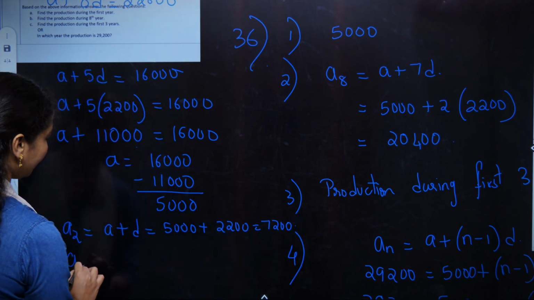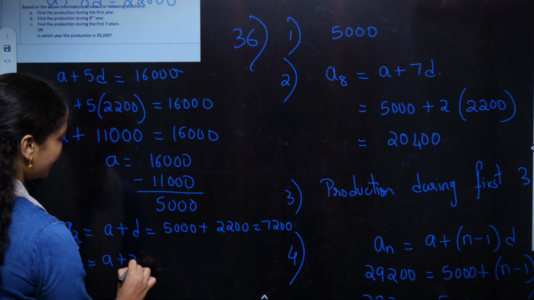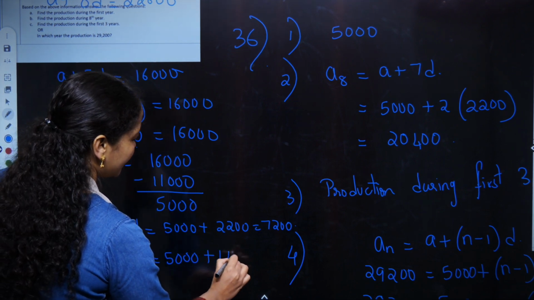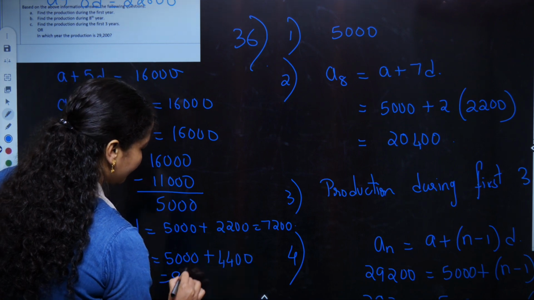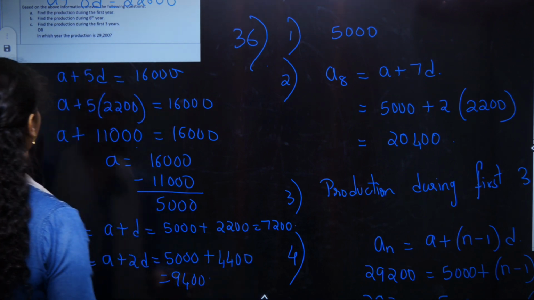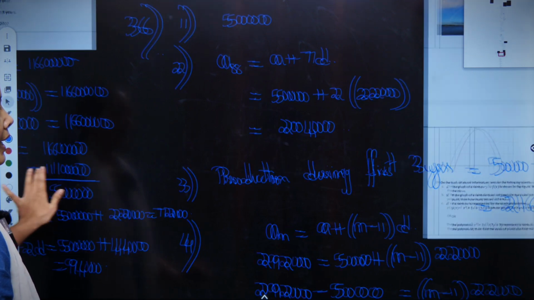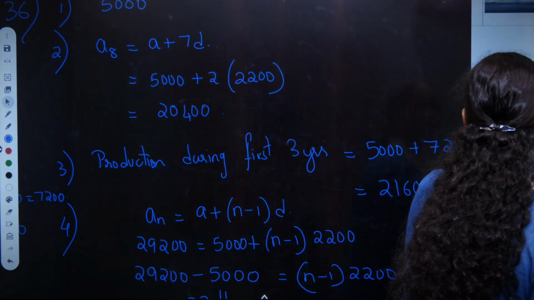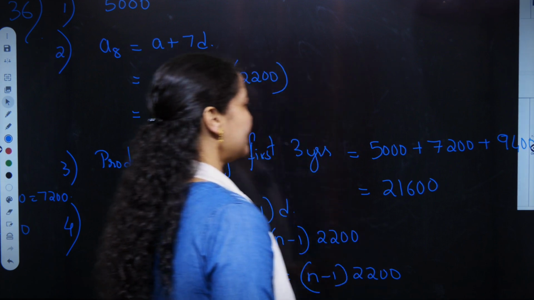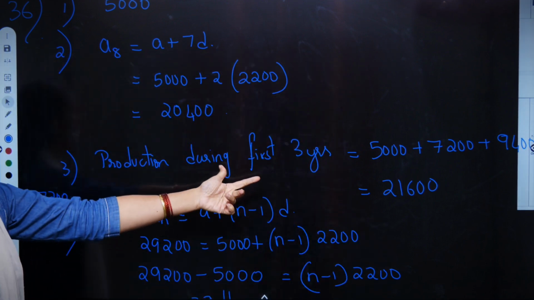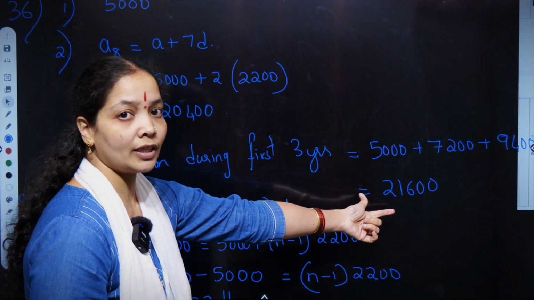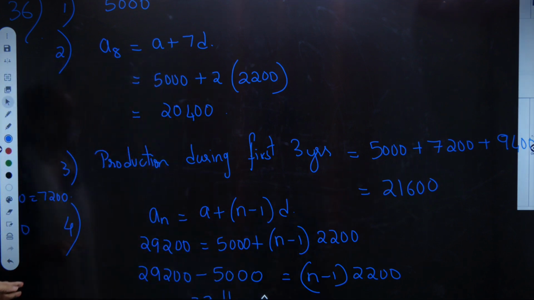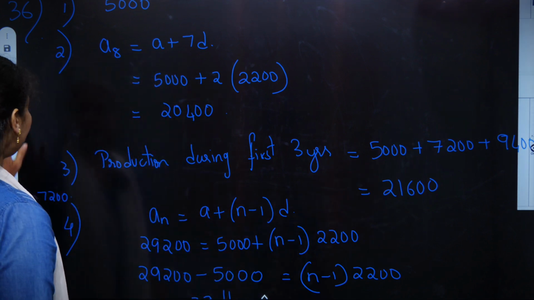My third year will be A plus 2D, that is 5,000 plus 4,400, that is 9,400. Adding all these components, my production during the first 3 years will be 21,600.